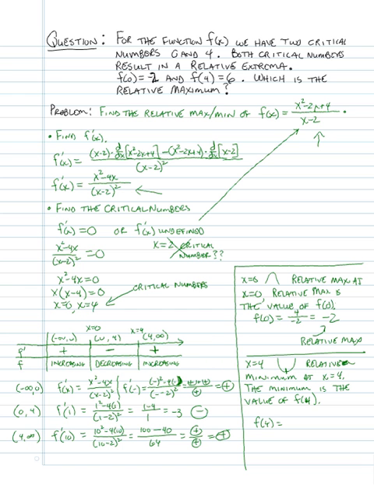We'll have 4 squared minus 2 times 4 plus 4, all divided by x minus 2, or 4 minus 2. So in the numerator, we end up having 16, 20 minus 8. We'll have a 12 divided in the denominator by a 2, which is 6. So 6 is the relative minimum.